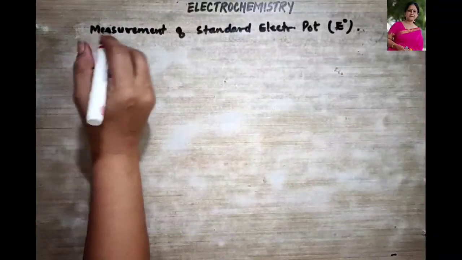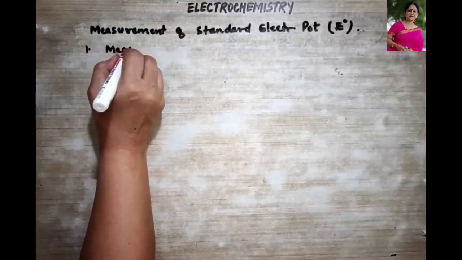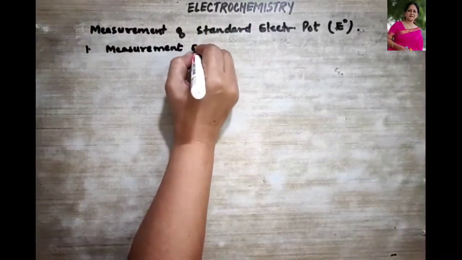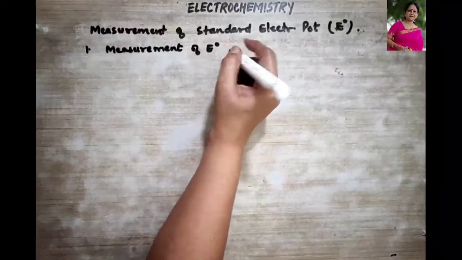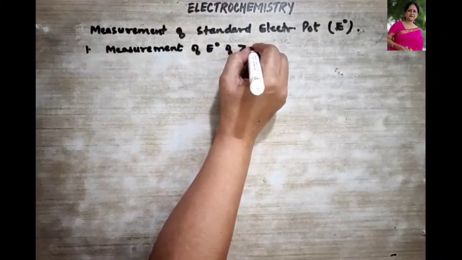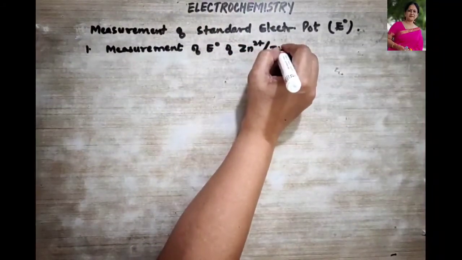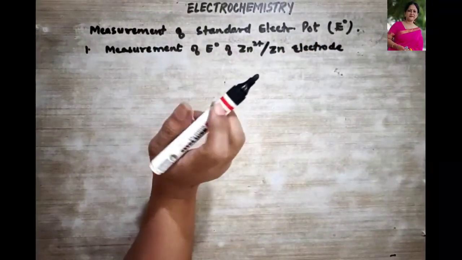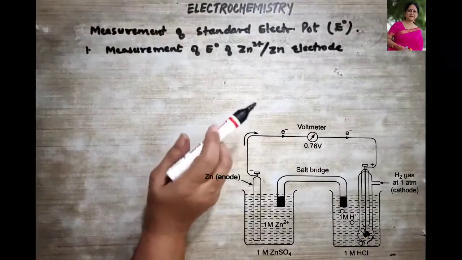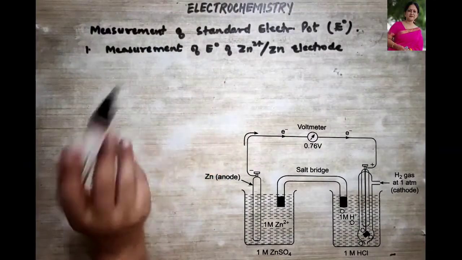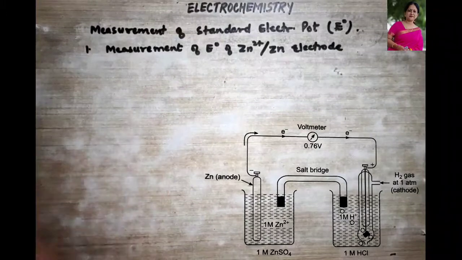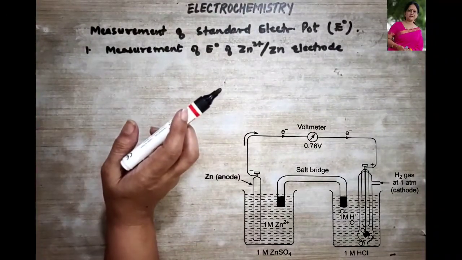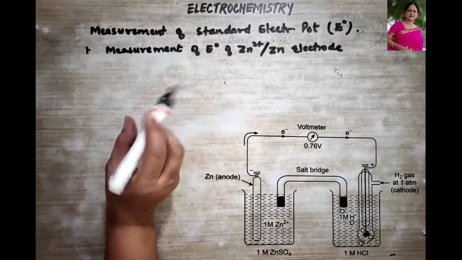First, let us do the measurement of the standard electrode potential of the zinc electrode. So an electrode consisting of, if you look at the figure, a zinc rod immersed in 1 molar solution of zinc sulfate is combined with the standard hydrogen electrode, and the EMF of the cell comes out to be how much?